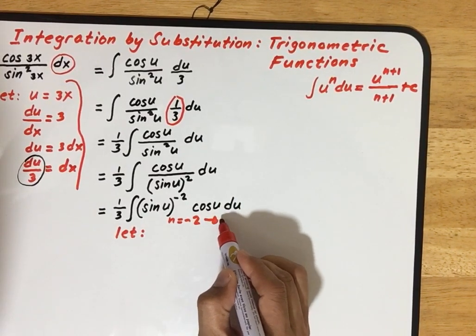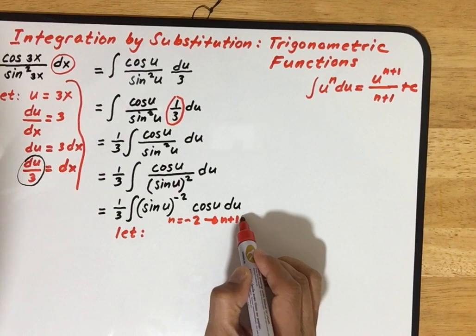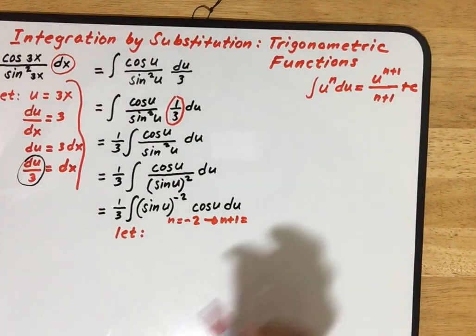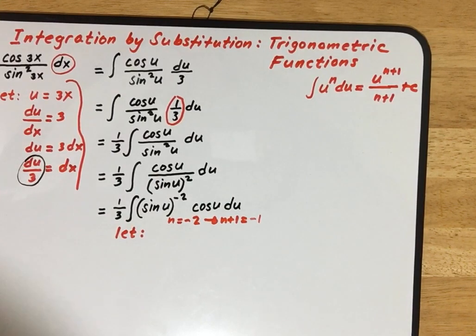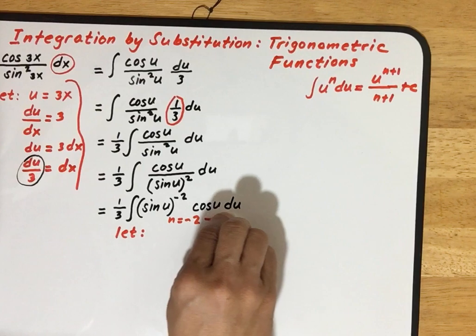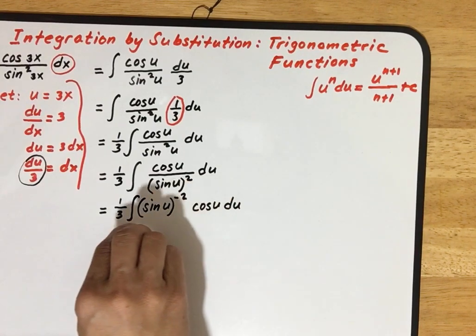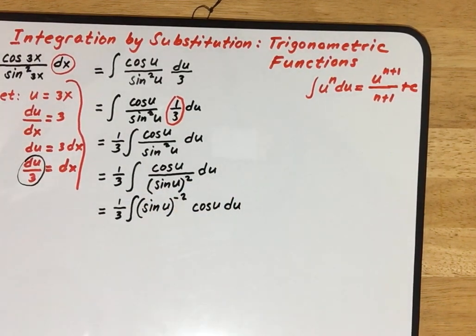So our n plus 1 here is equal to, what is -2 plus 1? This is -1, right? Okay, I will rewrite it below so that we can save space.